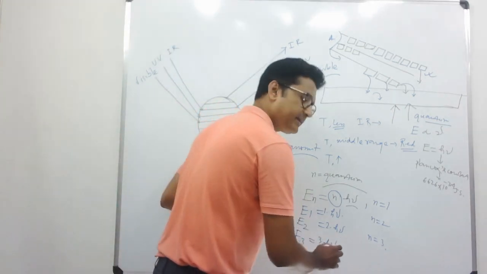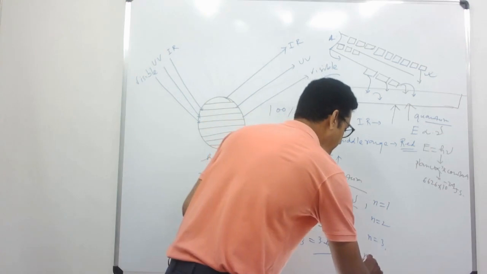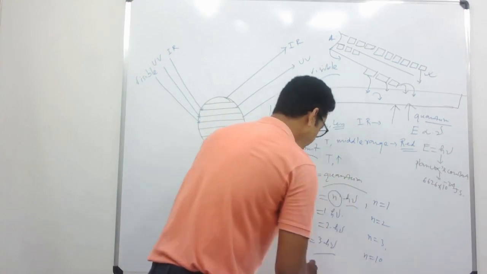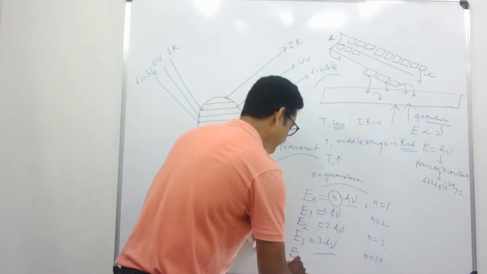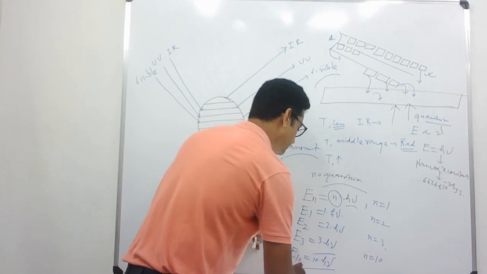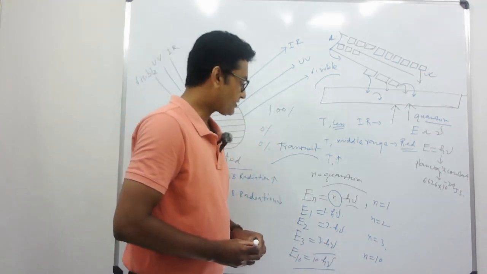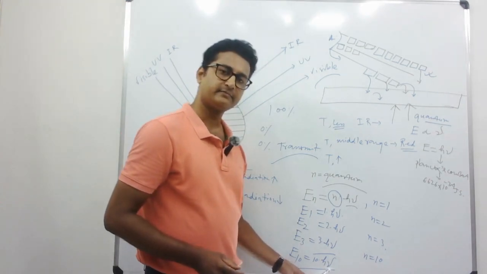So if any kind of energy has quantum number equal to 10, then E10 is equal to 10 into h nu. This would be the energy of the whole of the radiation. Right?